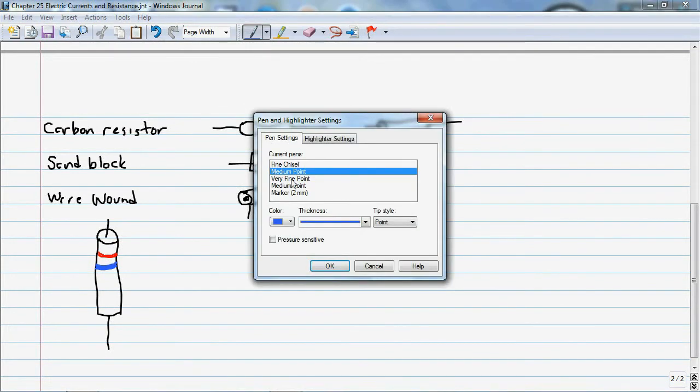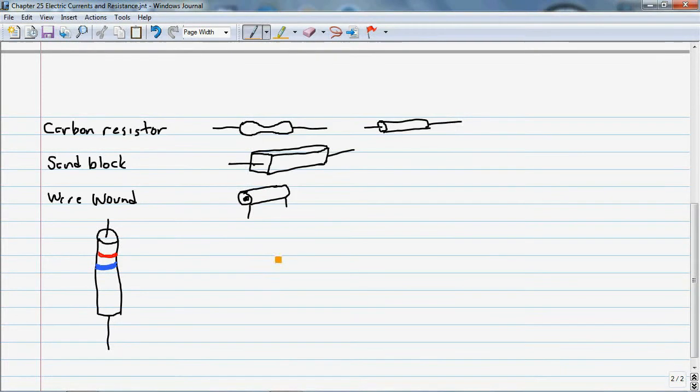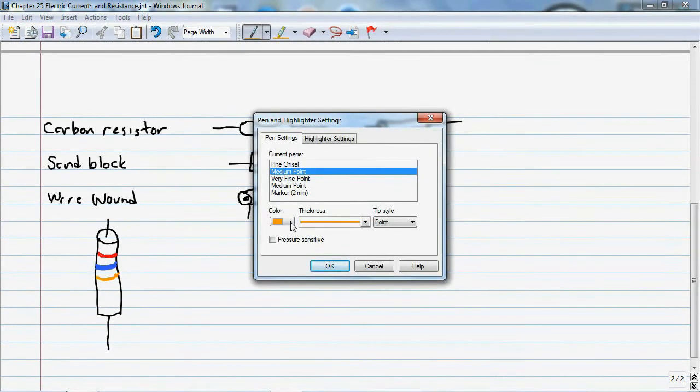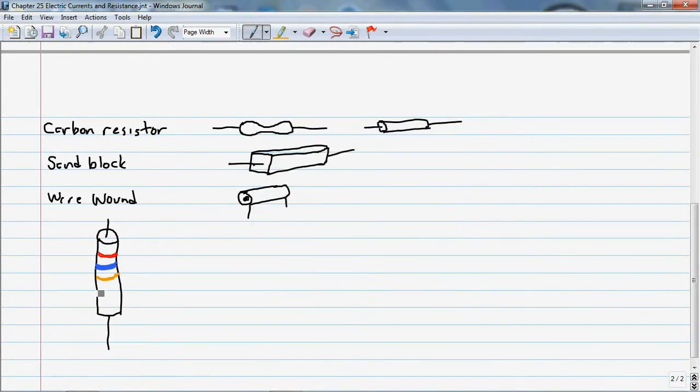Now, the book basically just shows a 4-band resistor. There are a number of different types. It has to do with the amount of tolerance and also how close you want the resistance values.